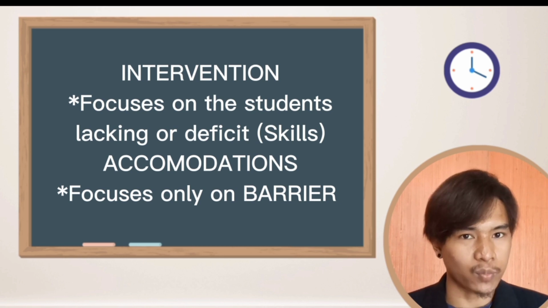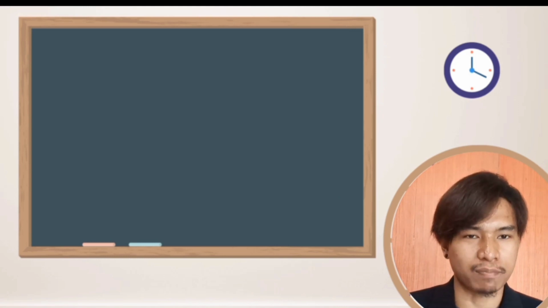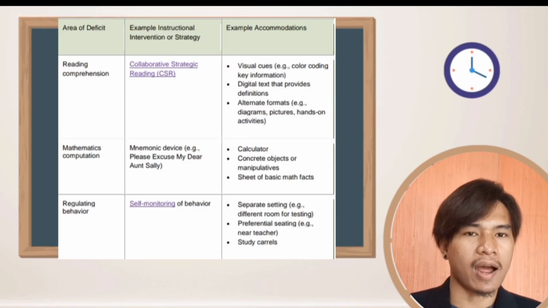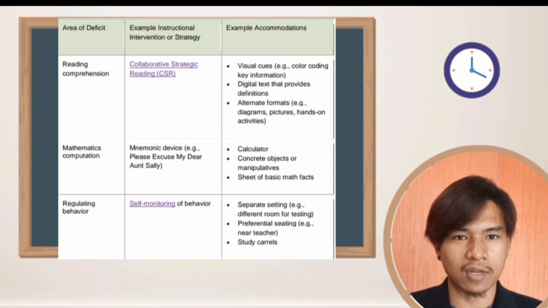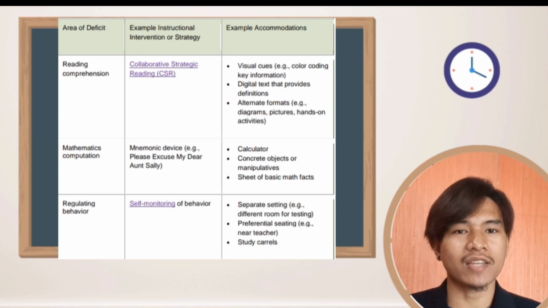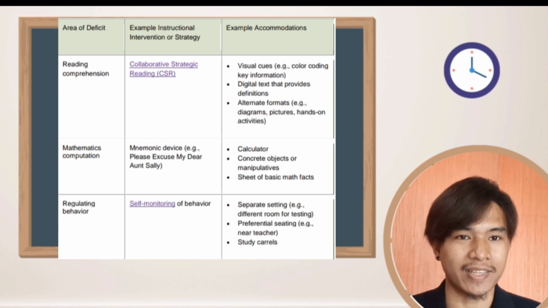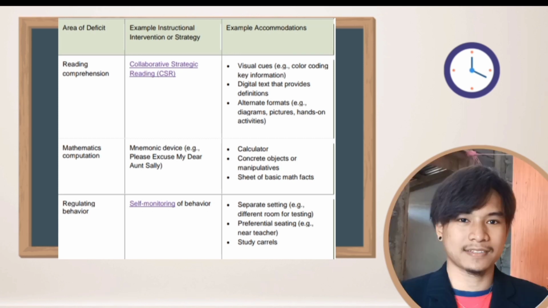That's how interventions work. To help us understand more, the table here has a list of a few areas in which students often struggle and contrasts example instructional interventions or strategies with examples of accommodations that might be used to help students be successful in class. The example areas of deficit here are reading comprehension, mathematics computation, and regulating behavior.